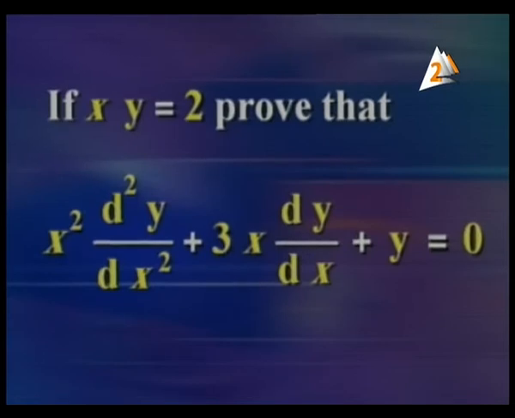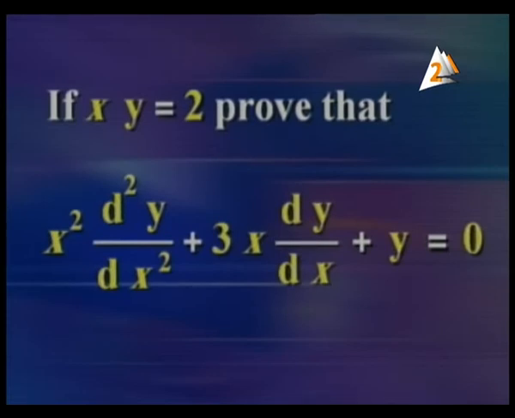What do you deduce? We have x times y. We must prove x² d²y/dx² + 3x dy/dx + y = 0.